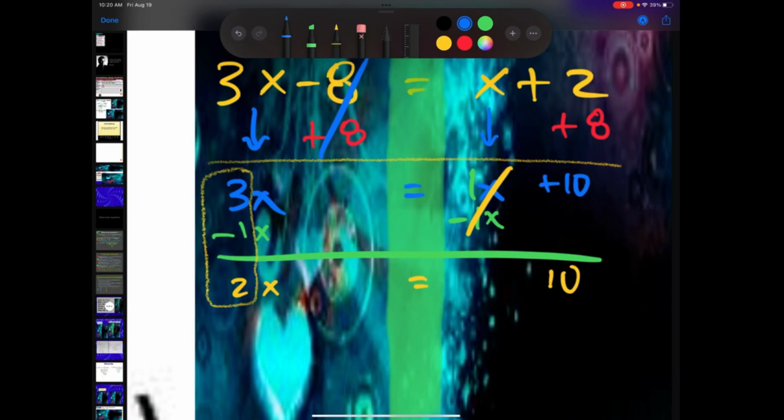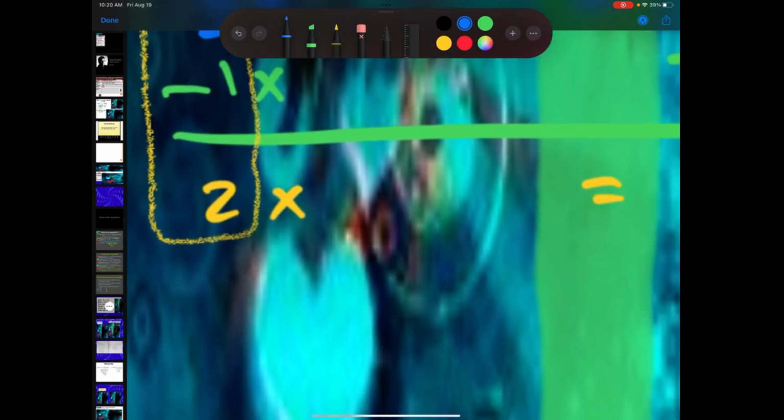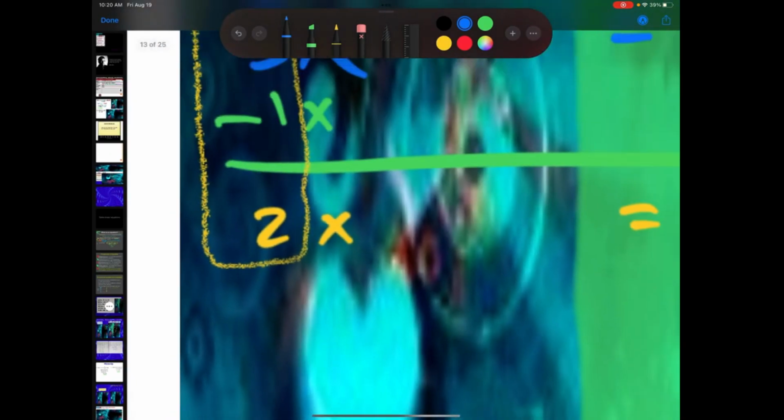John, what is the relationship between 2 and X? What is in between here, John? Addition, subtraction, multiplication, or division? Multiplication. John, what is the opposite of multiplication?